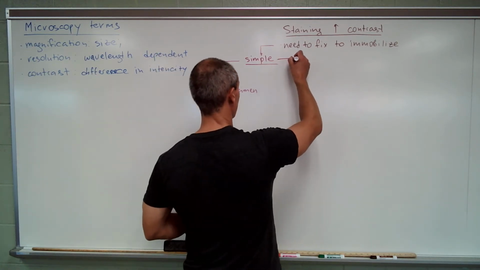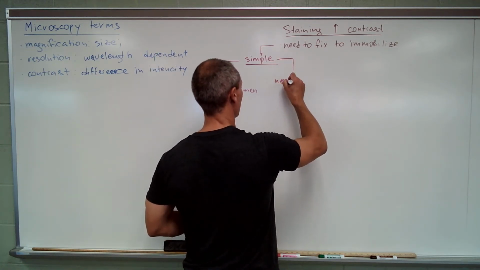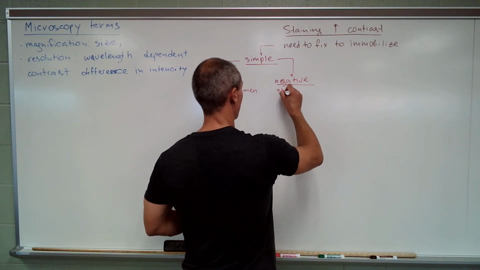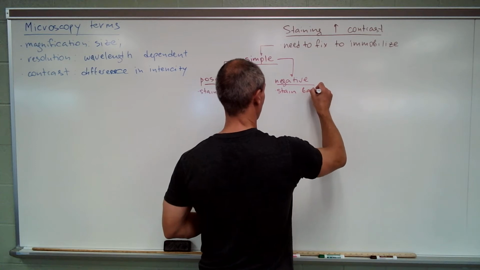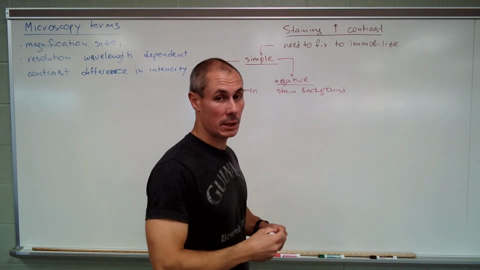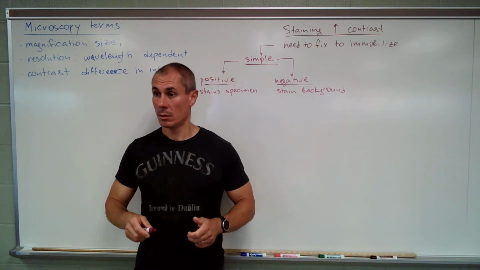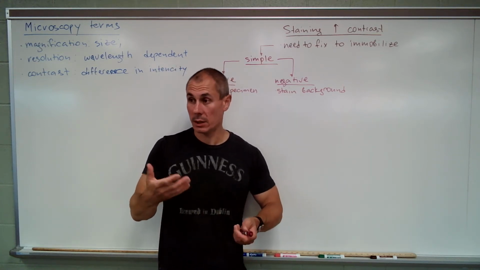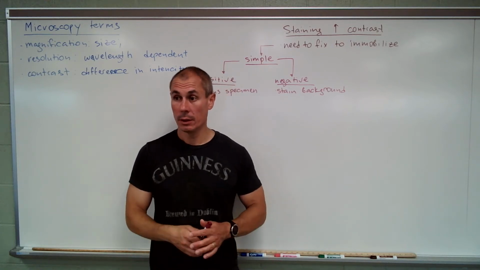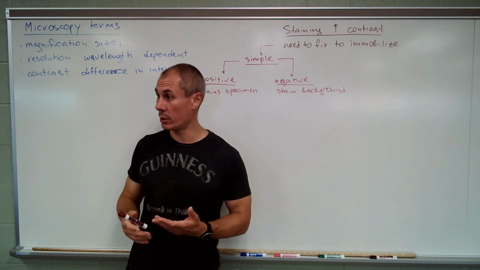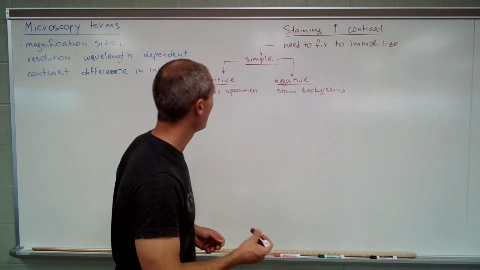Negative stains stain the background. For instance, India ink stain stains the background black while the specimen remains basically uncolored. These stains are really good for appreciating the shape of the microorganism using light microscopy.